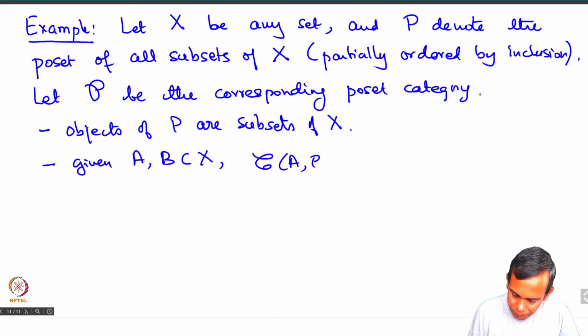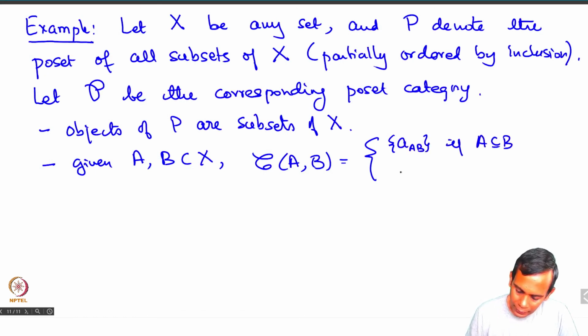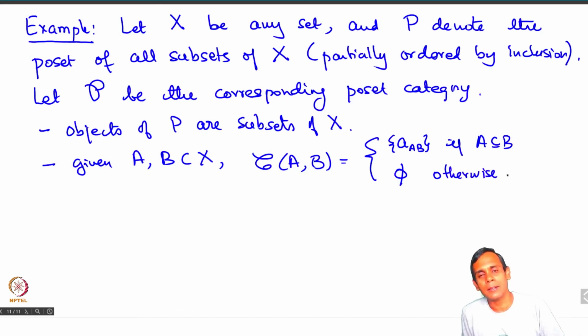C(A,B) is a singleton set, maybe we'll call it arrow from A to B, if A is contained in B, and it's empty otherwise. So this is a special case of the general category that we associated to a general poset, specialized to the case where the poset is the set of all subsets of a given set X.